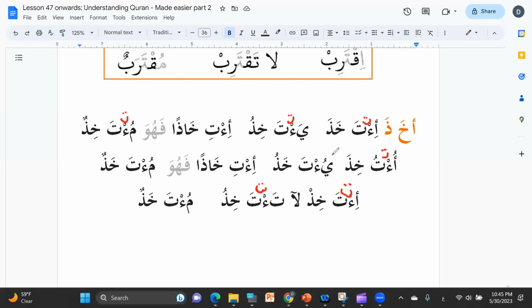So in family 8, almost every form has a change, because every time there is a Hamza and Ta coming together, the Hamza is replaced with another Ta, and both Ta are merged, and we put a Shadda on it.